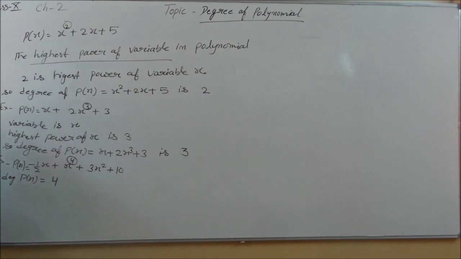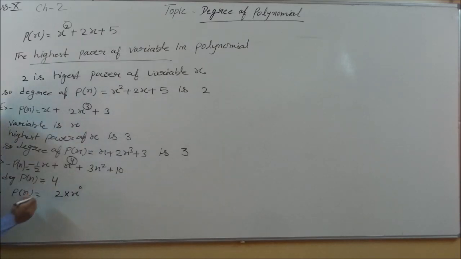Now one more example, p(x) = 2. This is called a constant polynomial. What is a constant polynomial? Here we can see there is no variable, which means we can write x raised to 0.